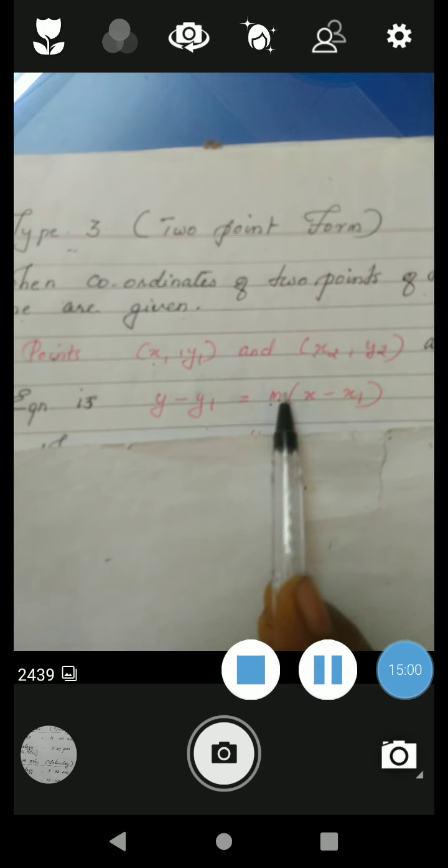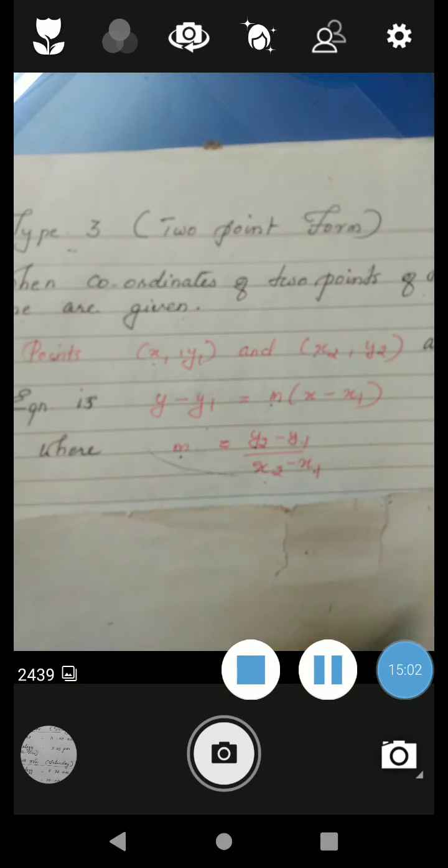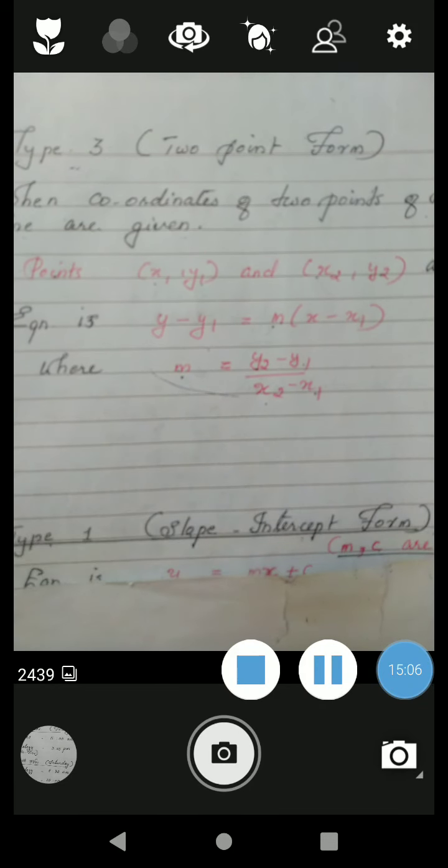Slope m is equal to y2 minus y1 by x2 minus x1. And we can apply the same equation as second type. Y minus y1 is equal to m into x minus x1, where m is equal to y2 minus y1 by x2 minus x1. That's all.